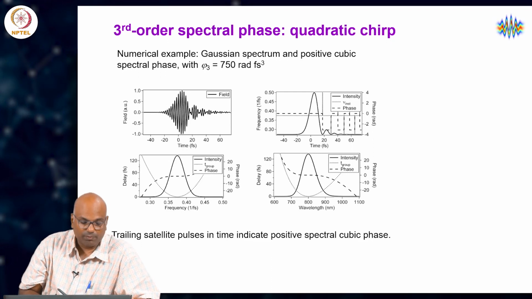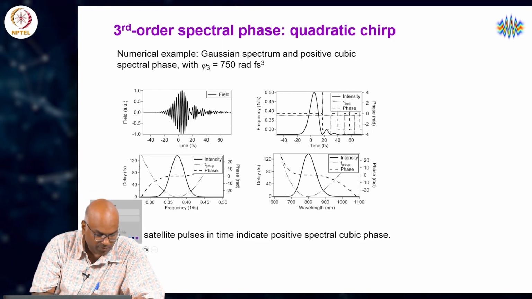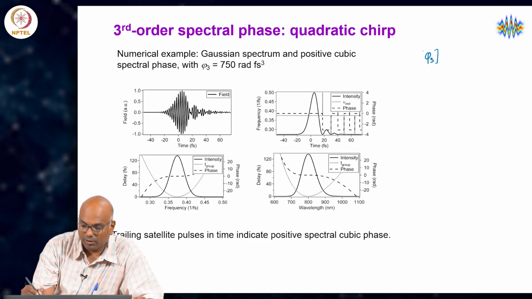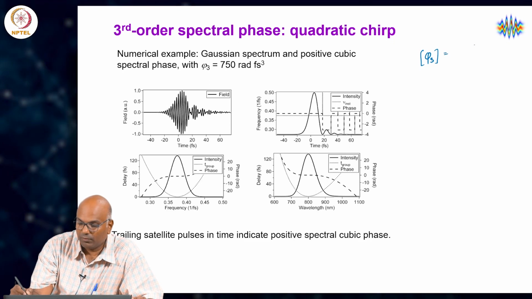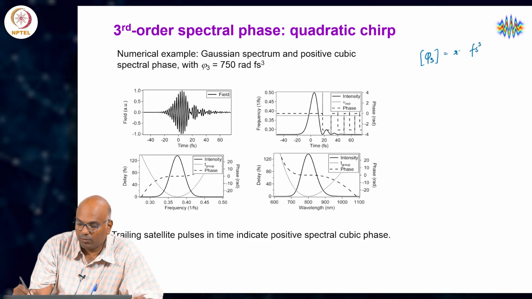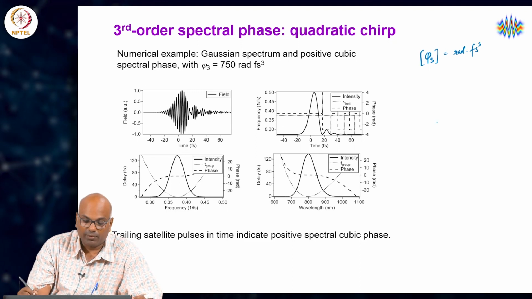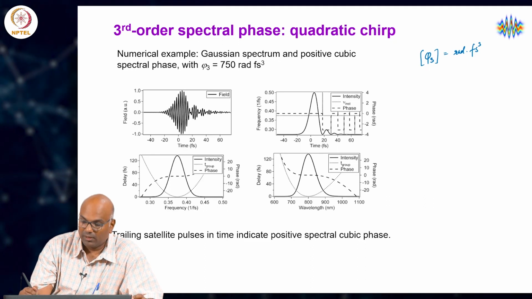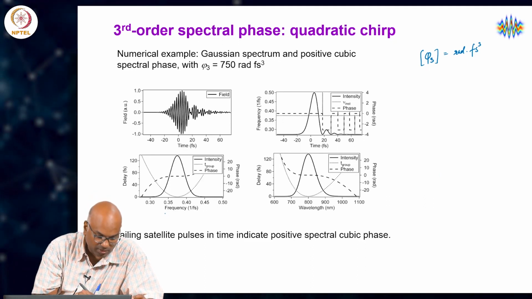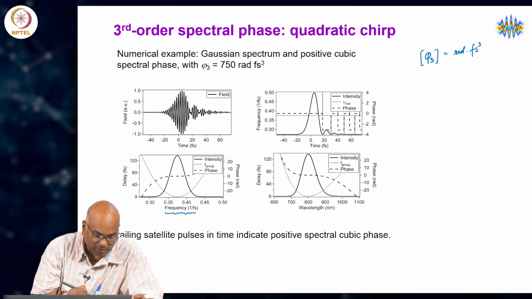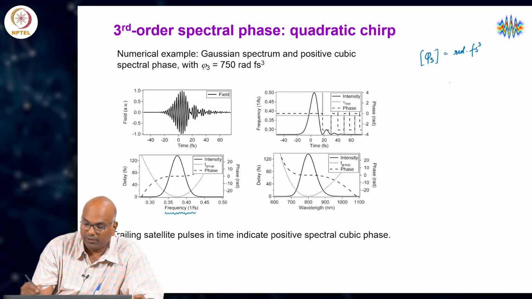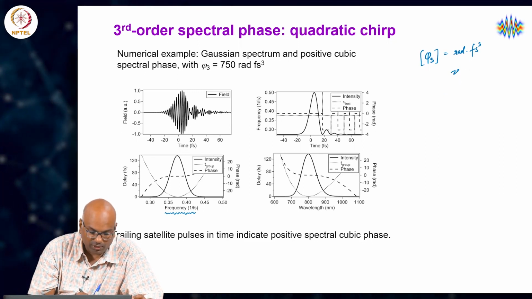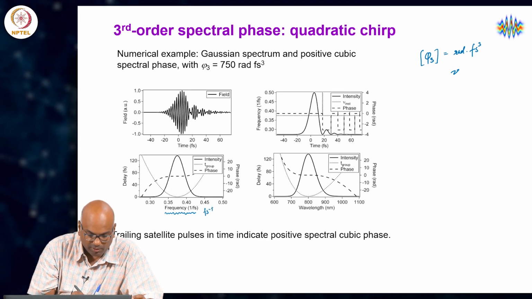The quadratic chirp factor phi 3, which we have here, has units of second cube or femtosecond cube, or as the case may be, it could be radian femtosecond cube, the manner in which we choose to describe it. As I brought this up yesterday again, if we peg to the cyclical frequency nu as the variable of interest instead of omega, the radial frequency, the units of cyclical frequency are inverse femtosecond.